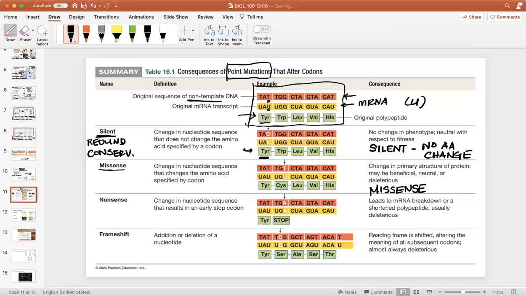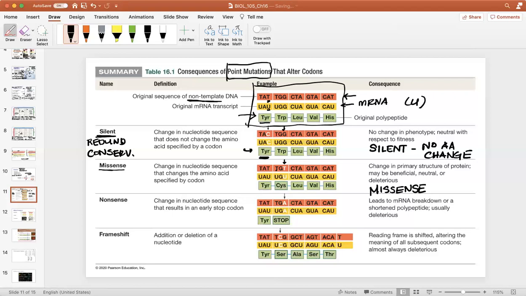That got transcribed into UGG, which gets translated into TRP. But if we mutate this TGG to TGT, this is an example where we don't have a lot of wobble in this particular sequence. So a mutation here does make a difference.